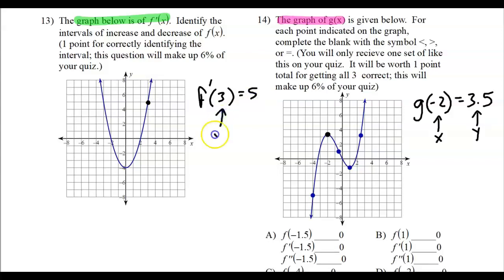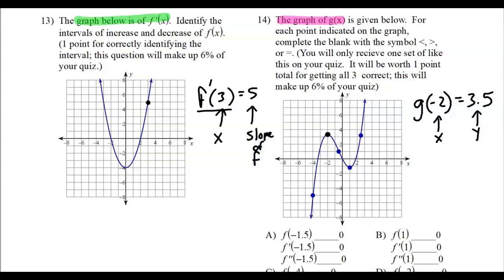This is an x value, but this number here, although it's a y value on this graph, it's also the answer for the derivative at 3. So this is the slope of f at that point. Okay?